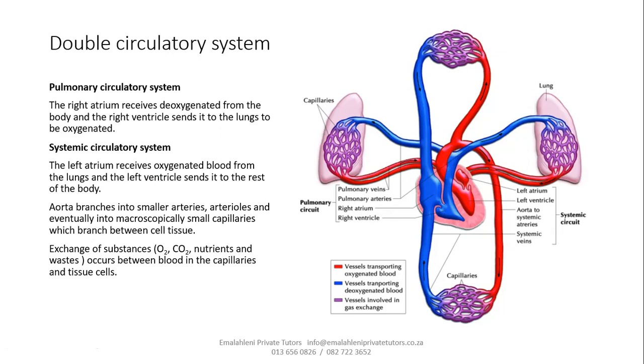We can only view these using a microscope. This is at the tissues, the cells of our body. That's where the exchange of nutrients and carbon dioxide occurs, on the capillary.